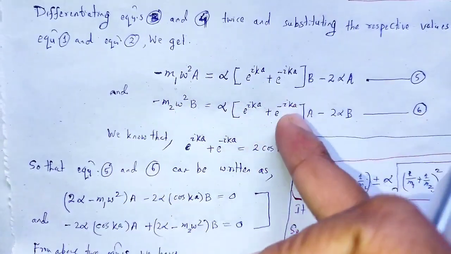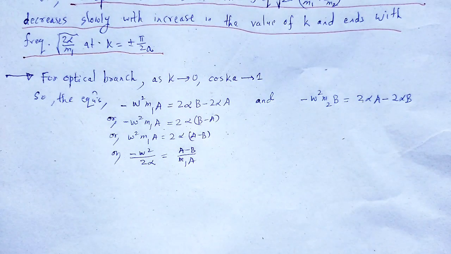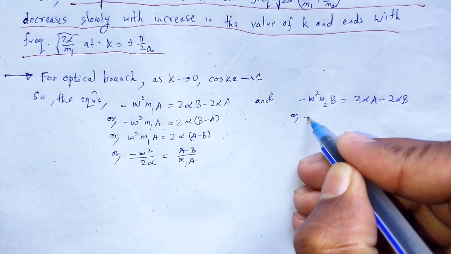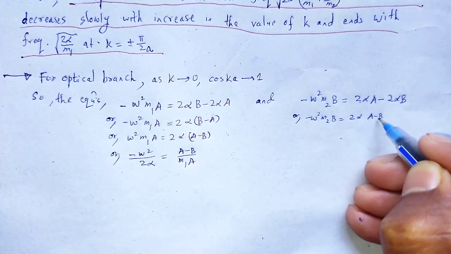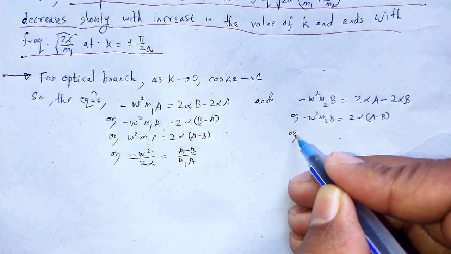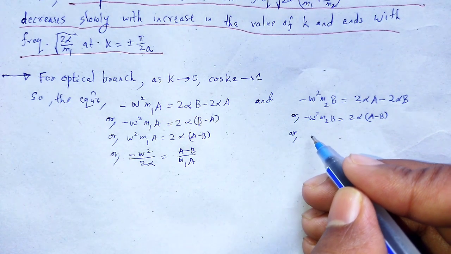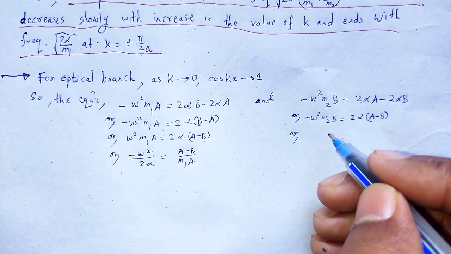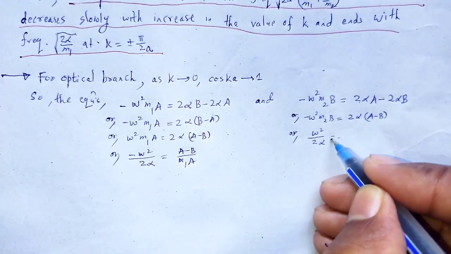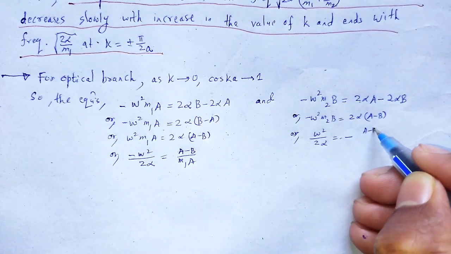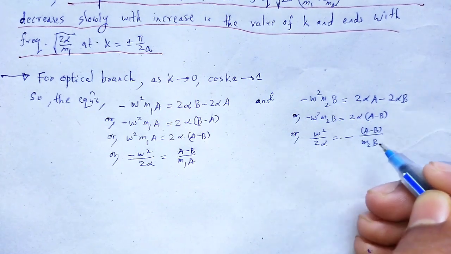In that particular situation we use cos k is equal to 1, or minus omega square m2 b, 2 alpha is common, (a minus b), or omega square divided by 2 alpha, on that side we have minus (a minus b) divided by m2 b.